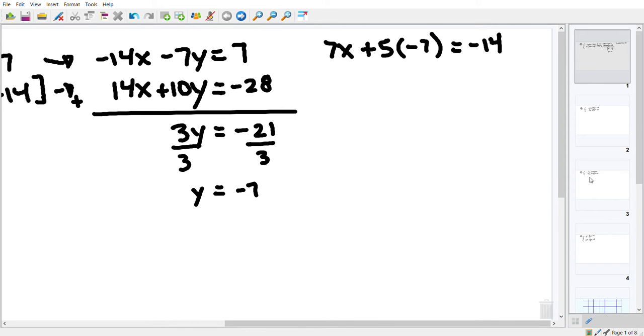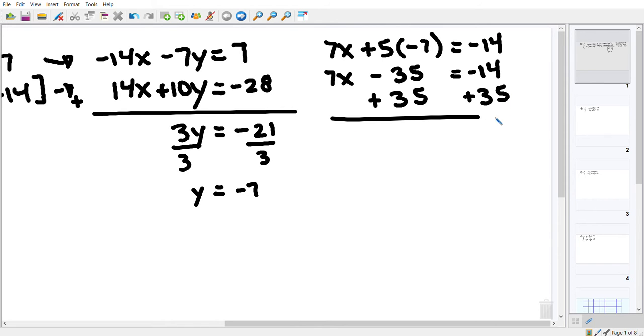Again, try and work ahead of me on this part here. Adding 35 to both sides. So that's going to give me 7x is equal to positive 21. And when I divide, your x should be 3.